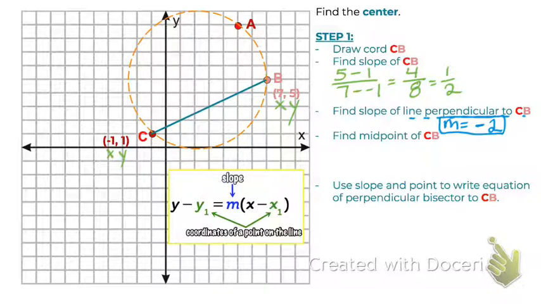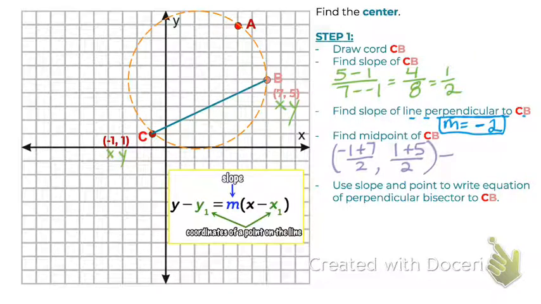Now I need to find out, where is it going to start? Where is it going to cut through the segment CB? What is the midpoint? So to find the midpoint between 2 points, all you do is you average your x coordinates. So my x coordinates are -1 and 7. So I'm going to add them up, divide by 2. And then the average my y coordinates, 1 and 5. So I'm going to add them up and divide by 2.